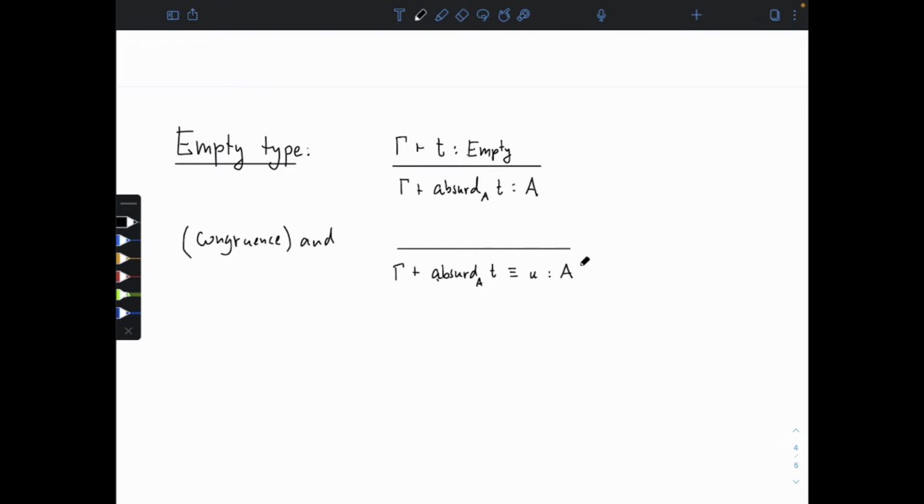Then this absurd business is equal to 0 and to 1 and to 3 and to 4. So everybody will become equal if you do that. But that kind of makes sense, because if you manage to produce an element of the empty type, you're in deep trouble. So you might as well admit that everything equals everything, and then you say, okay, we're done. Yeah? So this is the idea.